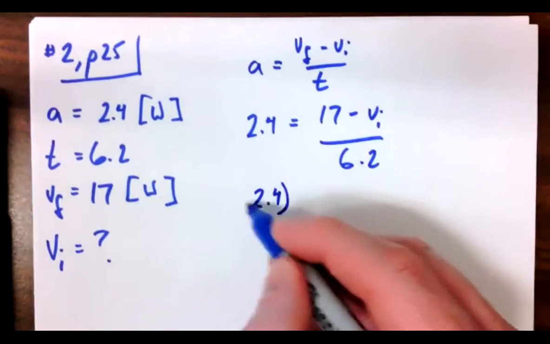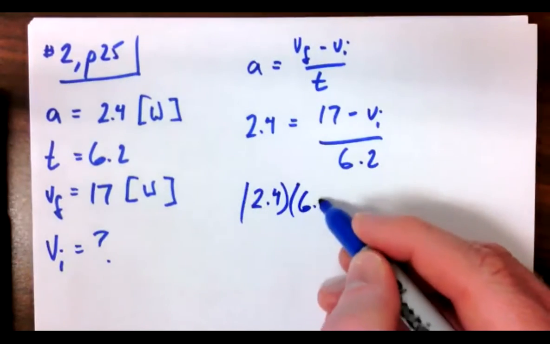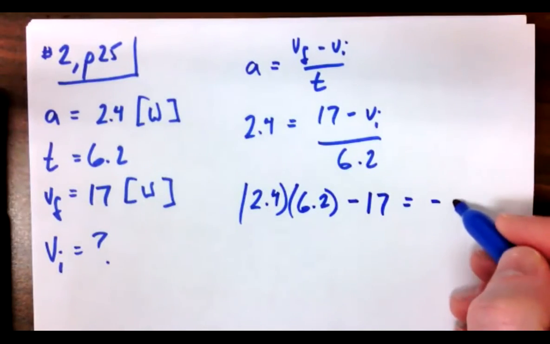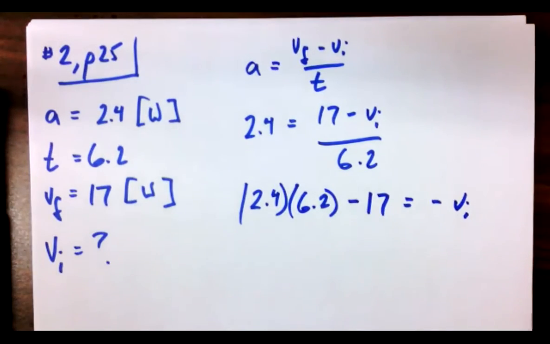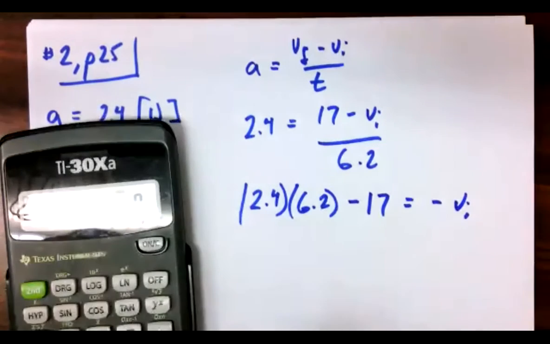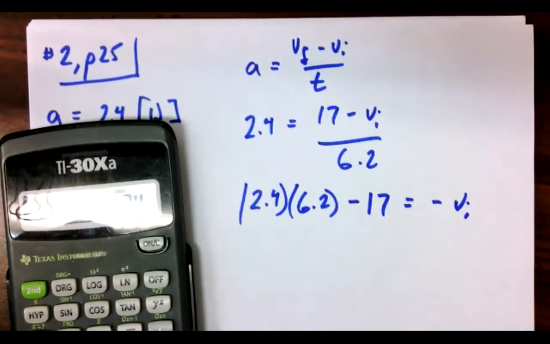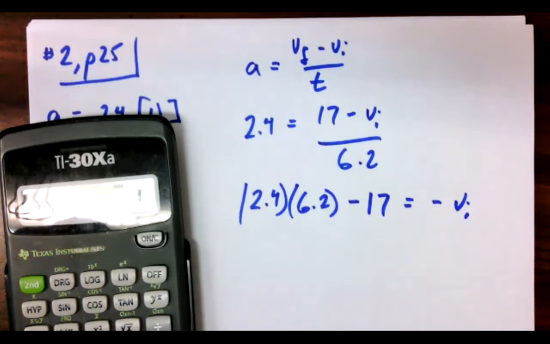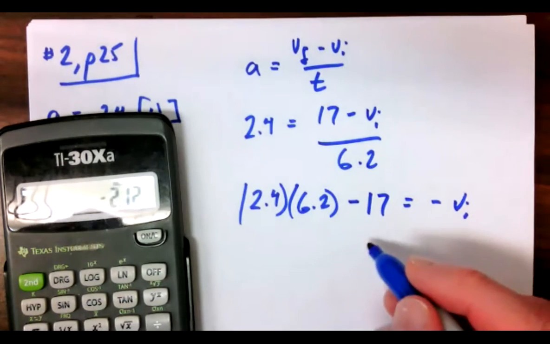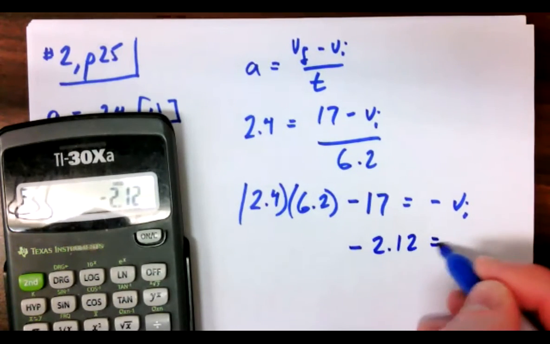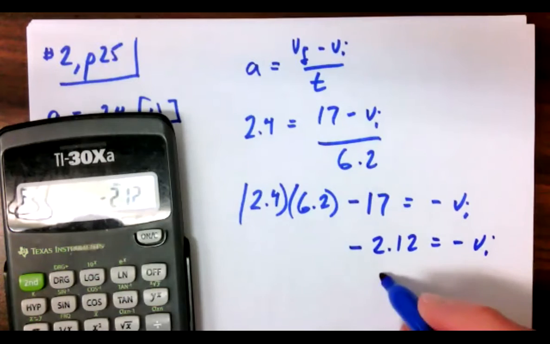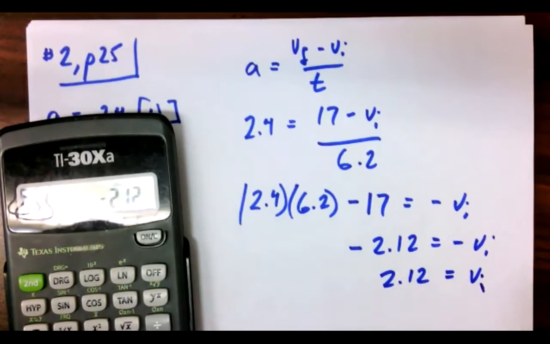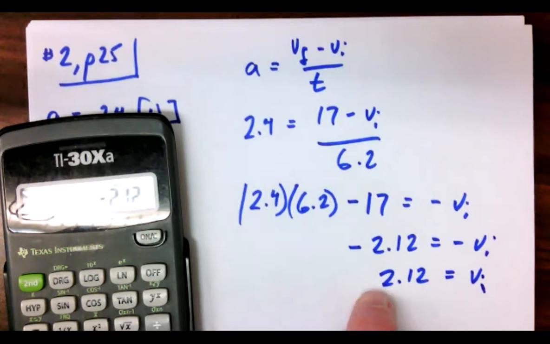So it's 2.4 times 6.2 minus 17 equals negative VI. Here we go. Negative 2.12 equals negative VI, which means 2.12 equals VI, which means our initial velocity was west.